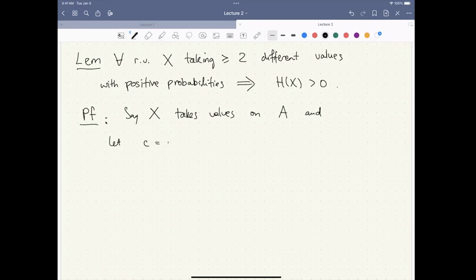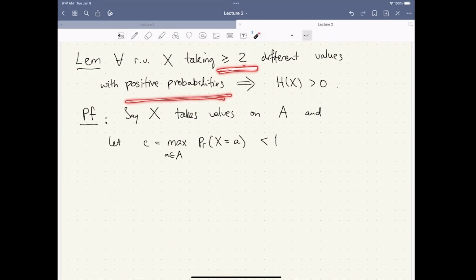Let C be the maximum atom probability, meaning the maximum probability of a value that X can take over A. What do we know about this maximum atom probability? It's strictly less than 1 because of this hypothesis. X must have positive probability over 2 different values. So the maximum one cannot be 1.